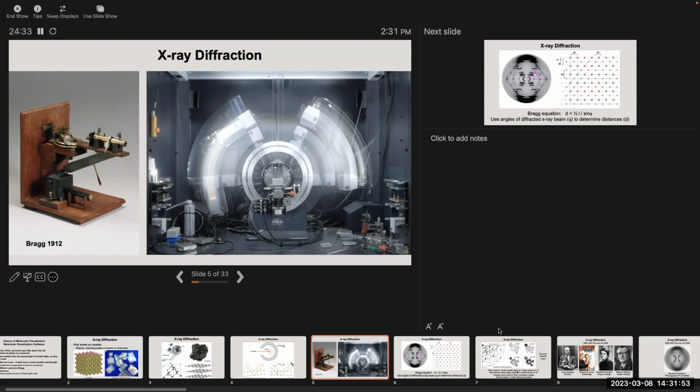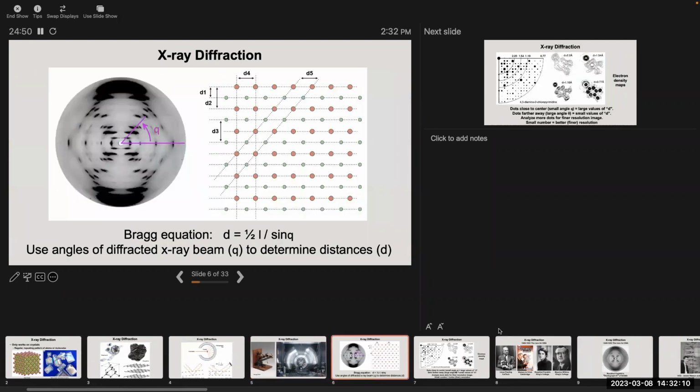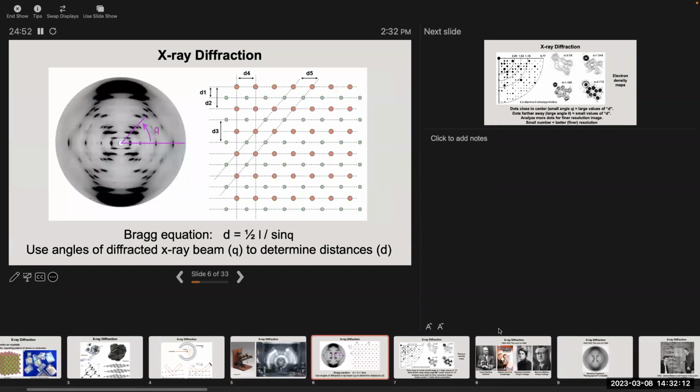They obviously did some kind of motion here. I don't know if it's some sort of stop motion photo or something like that, but this one actually doesn't use photographic film. This uses a sensor, kind of like a digital camera, to detect the X-rays. But this is what the pattern actually looks like on the piece of photographic film.